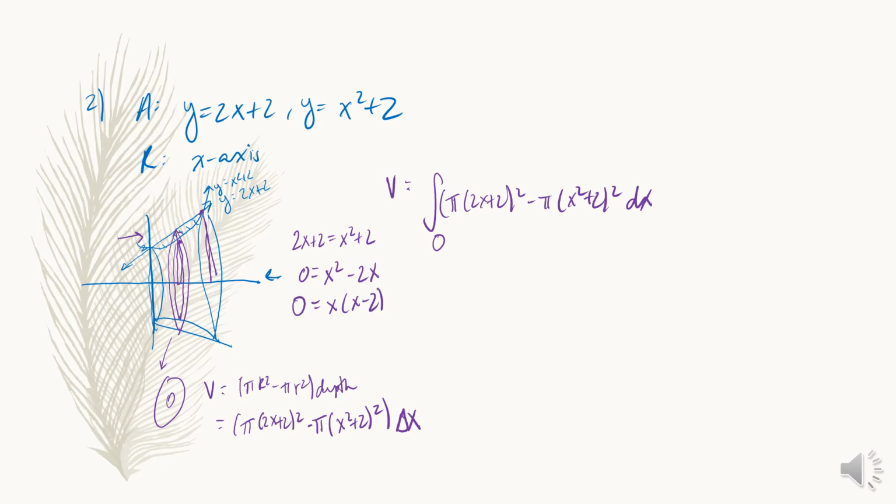I get x times x minus 2, so x equals 0 and x equals 2. So my other point of intersection was at 2. Okay, so now that we have this all set up, you can FOIL this part out, find your antiderivatives. I ended up getting 48 over 5 times pi.